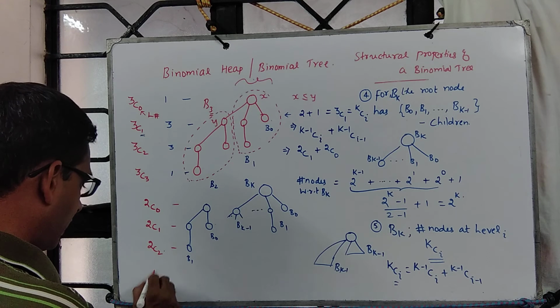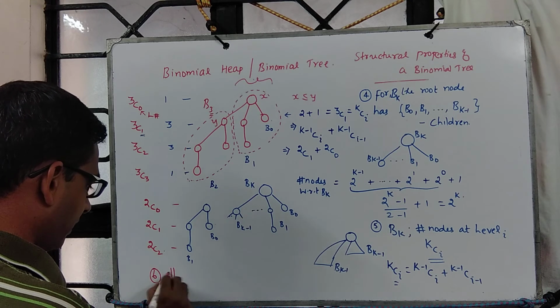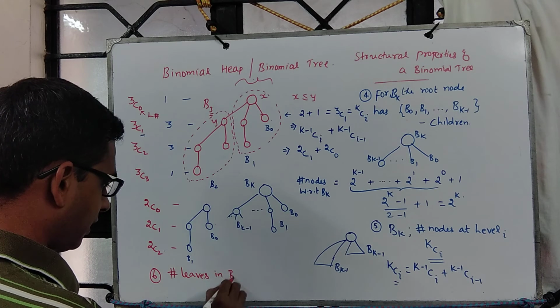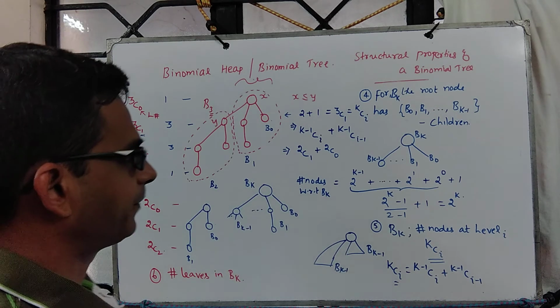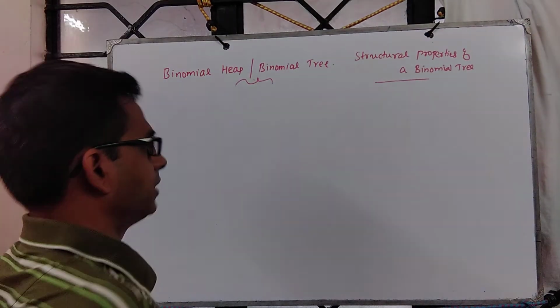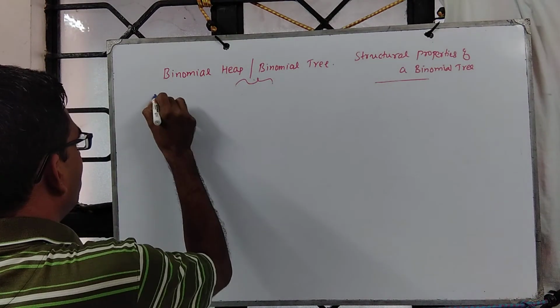Fine. Next let us look at how many leaves are there. So, number of leaves in bk. Let's look at say b4.